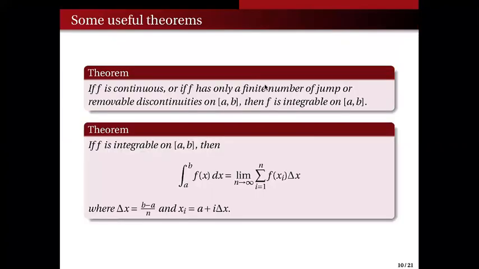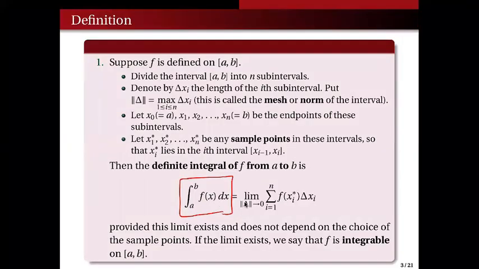Originally, you will have to use this form, but if the integral exists, x sub i star can be anything, and delta x can also be just subintervals of equal length.